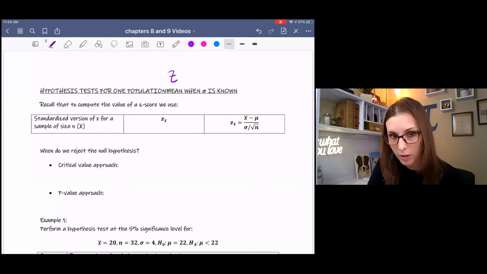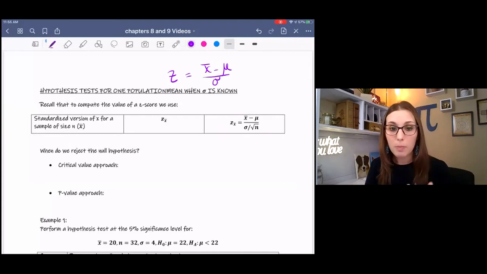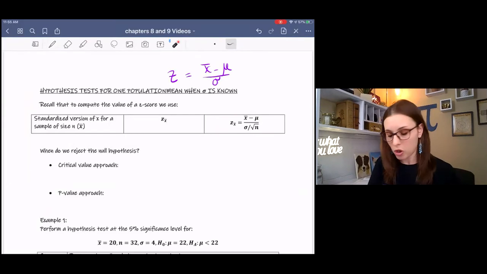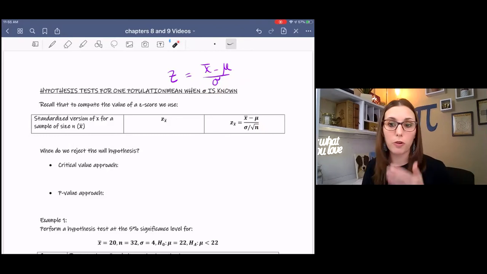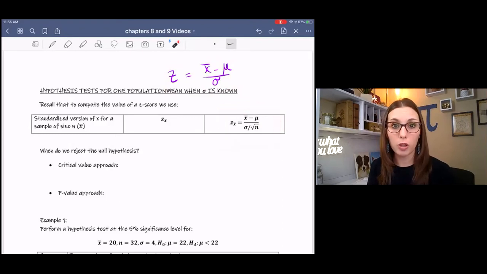So we know that to find the z-score, we have to do x bar minus the population mean over the standard deviation. But we're basing this off of a sampling distribution. So now our standard deviation depends on our sample size. So you would further that. This was kind of a general form, and this is what we're using for hypothesis testing.